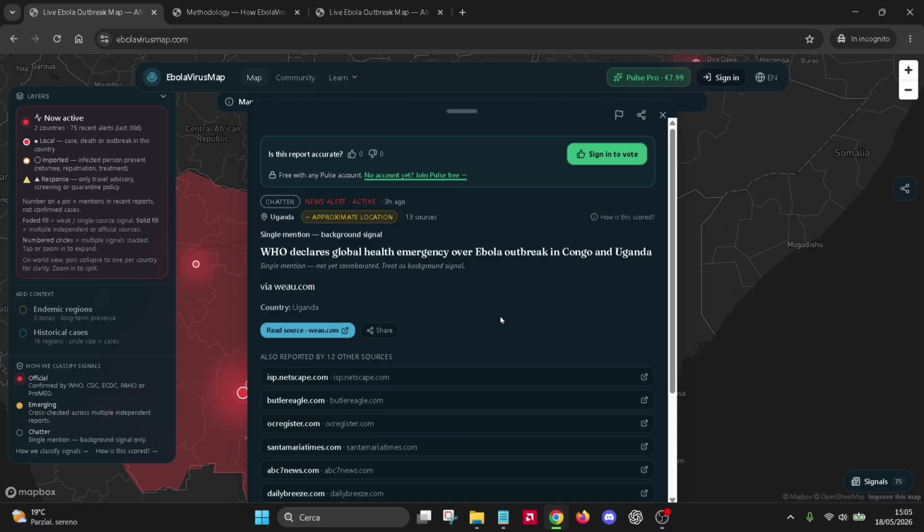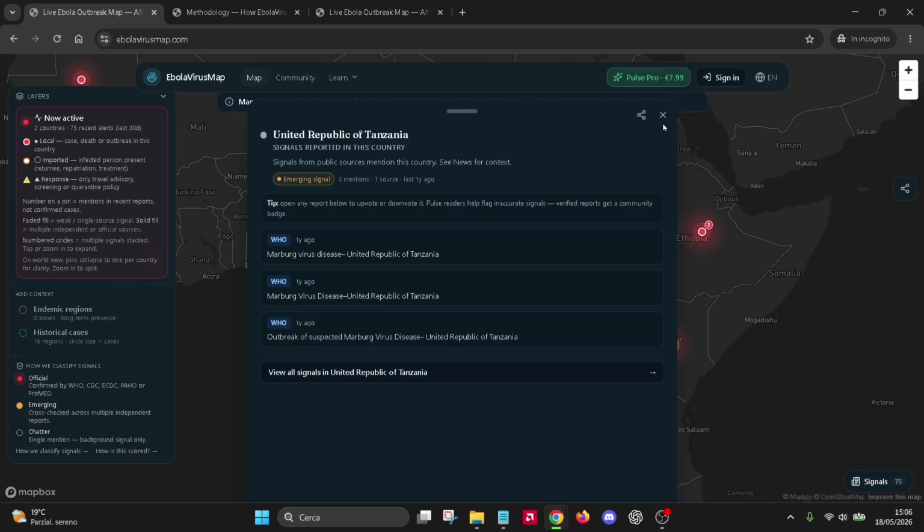Of course, accessibility also brings responsibility. Ebola is a serious disease, and outbreak information should be interpreted carefully and without sensationalism. Maps and dashboards are tools for situational awareness, not a substitute for professional medical advice or official public health guidance.